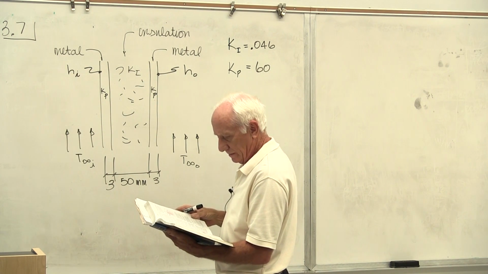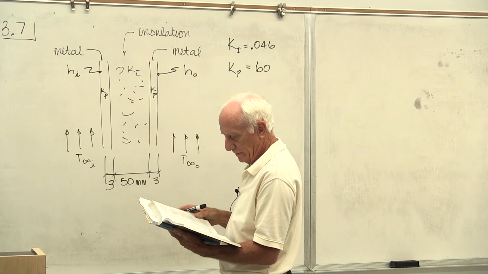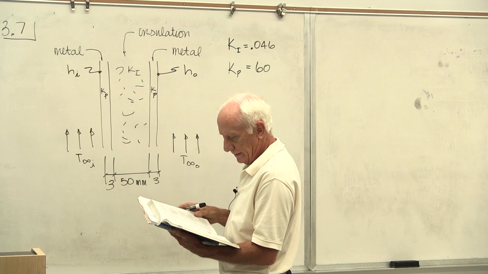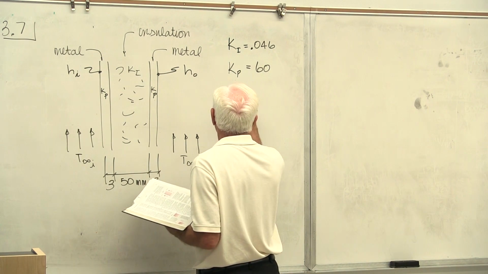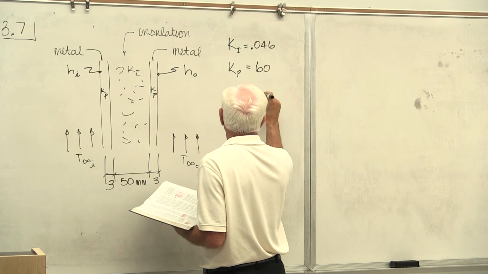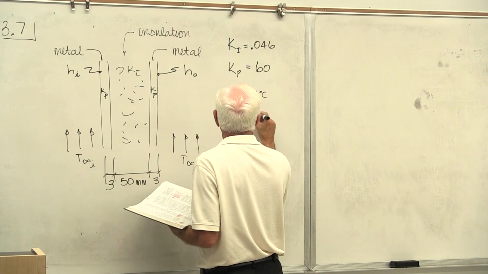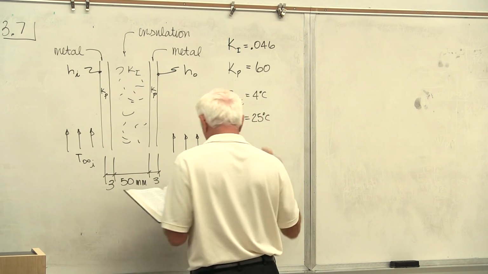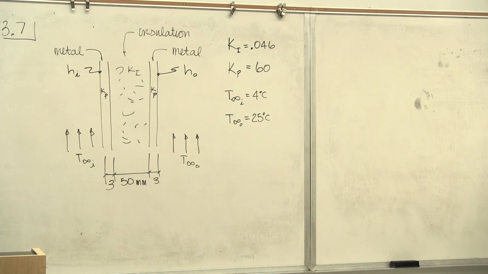We got, okay, L is 50, got it. L is 3 for the panel, got it. T infinity on the inside, 4 degrees C. T infinity on the outside, the kitchen, 25 degrees C. H on both surfaces is 5.